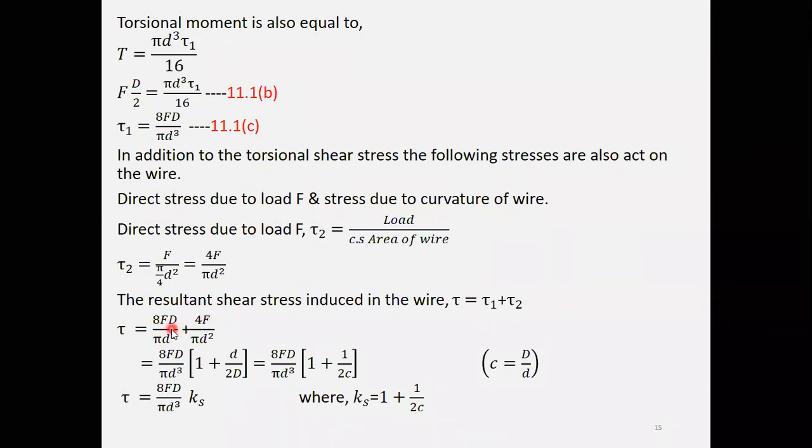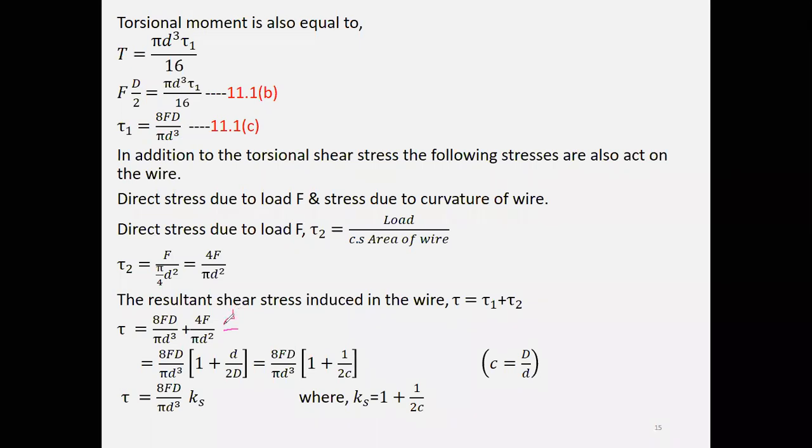For that reason, I am going to take d cube outside, whereas in this term only d square is there. I need to multiply this with d square. Oh, sorry, I have to take that in the numerator. Why?